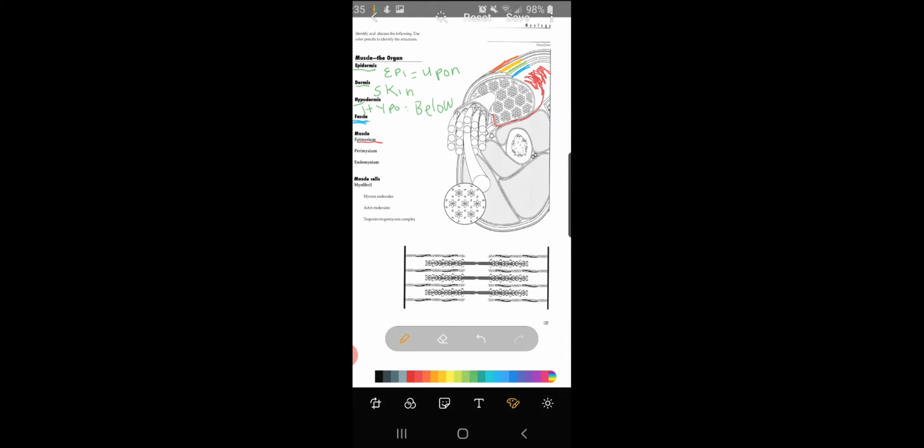Dropping down into perimysium. Peri, we obviously know, is around, and mysium is muscle. Your perimysium is what will divide groups of muscle cells. I have this picture that I've colored myself, from when I went to school.